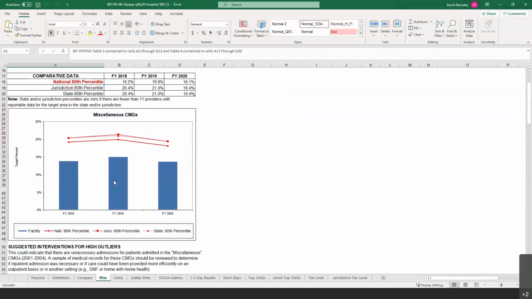The line graph information is the facility information. Then the national 80th percentile is this straight, unbroken line. The jurisdiction 80th percentile is a dashed line, and it was so very close to the state 80th percentile that they're almost on top of each other, but that state 80th percentile line is marked with those dots.